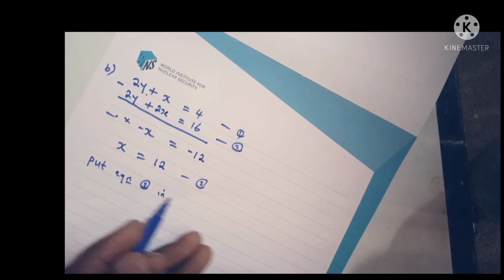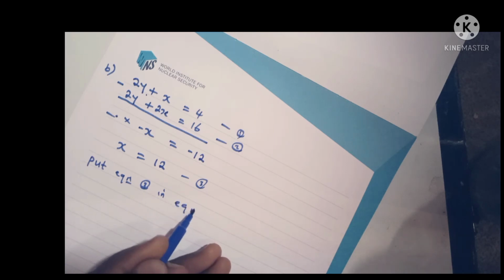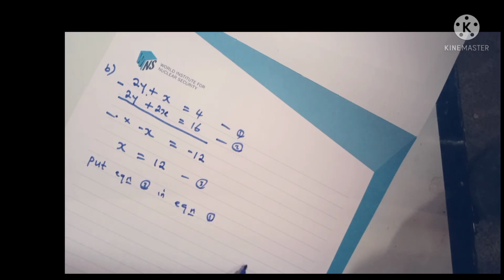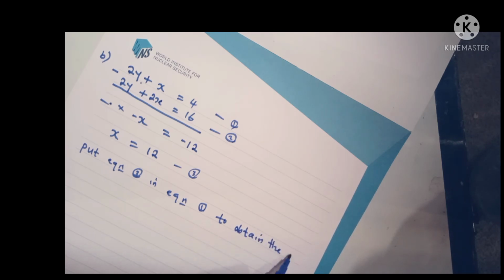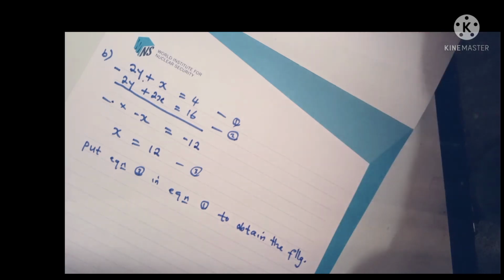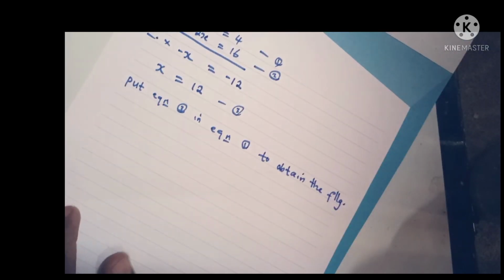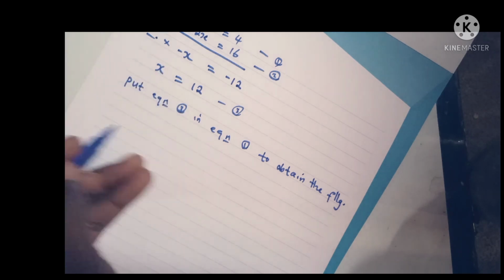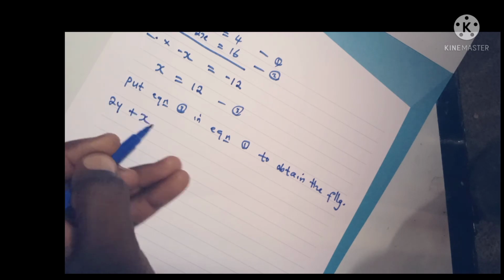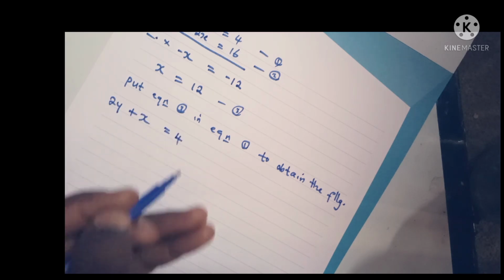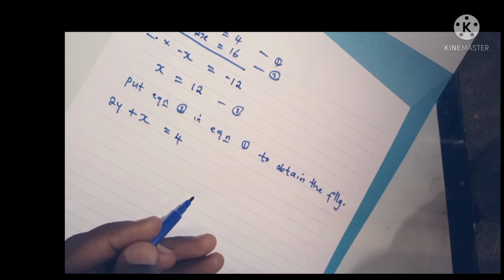Put equation 3 in equation 1 and obtain the following. Now equation 1 is 2y plus x equals 4, and our x is 12, right?